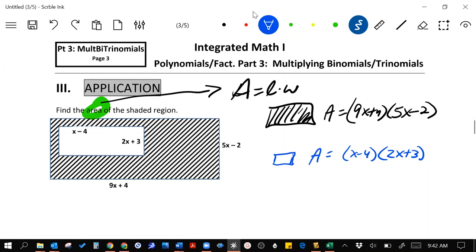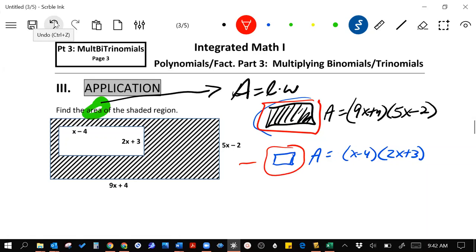So what we're really doing is the area of this one, subtract the area of that one.